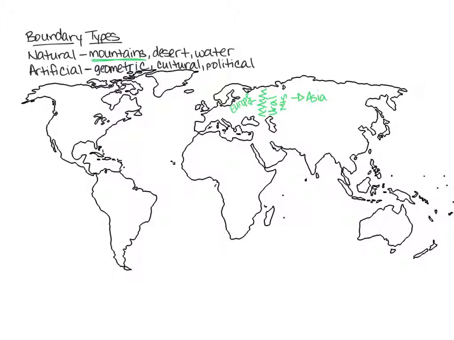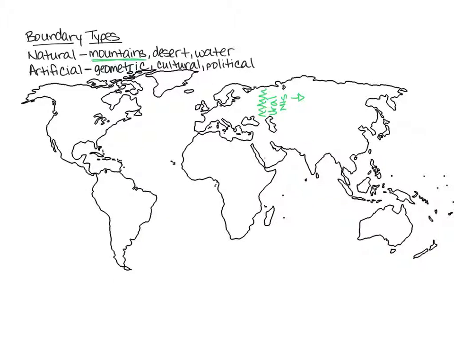And then for a desert border example, I'm going to use orange. The one I'm going to do is over in Saudi Arabia.